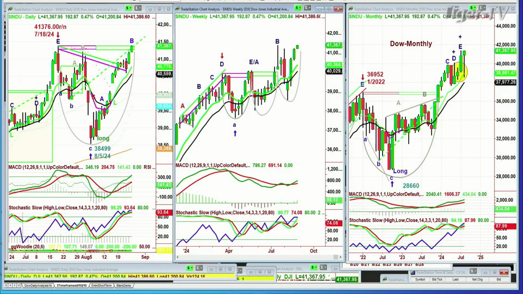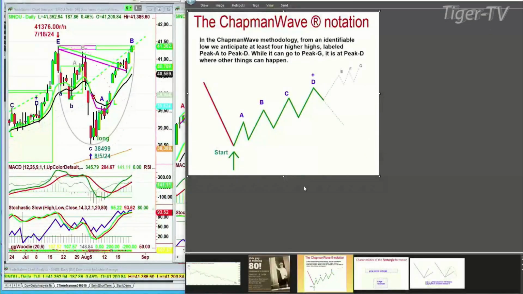In the Chapman methodology, it's a very simple technique and concept. Try to identify the lowest low bar, count the higher peaks. It should be alphabetical, A, B, C, D, E, F, G. But at D, the 4th highest peak, other things can happen.